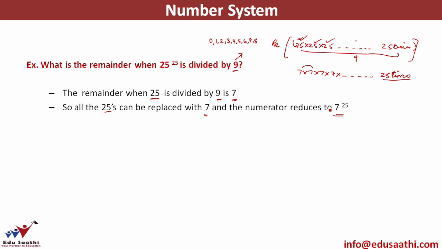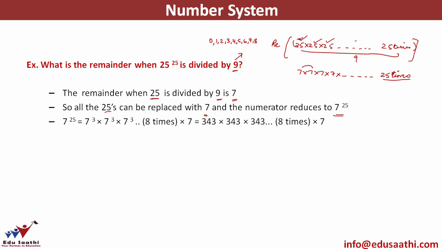Now the next step is the most important step. Try to group the remainders in such a way so that when divided by the denominator, the remainder would come out to be 1. So when I look at it, if I combine 7 three times, 7 into 7 into 7, what is it? 343. 343 when divided by 9 would give me a remainder of plus 1.